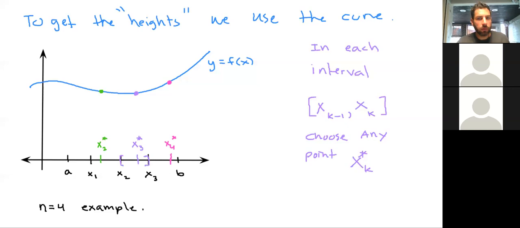I guess we'll use yellow. These are going to be the heights, or at least they're going to give us a way of constructing the height. So if I choose that, then f evaluated at x sub k star gives the quote-unquote heights.